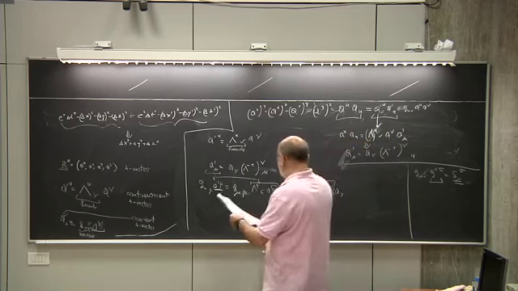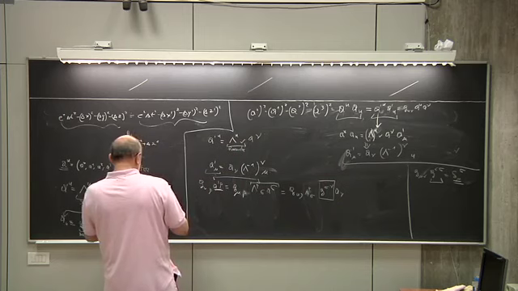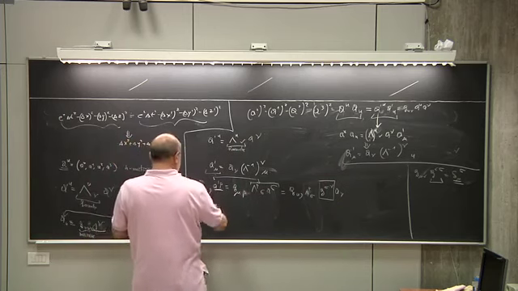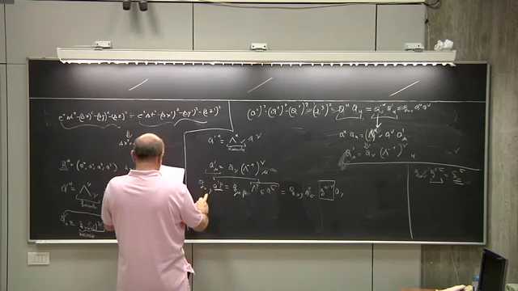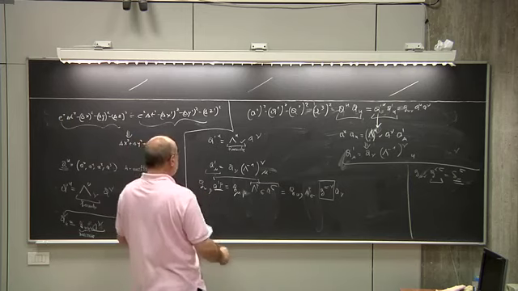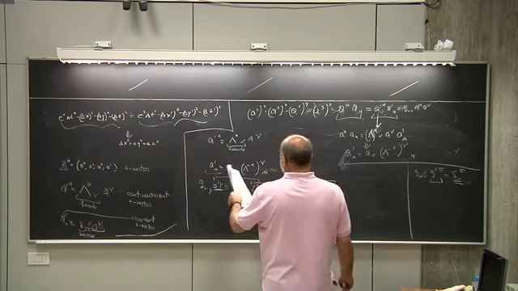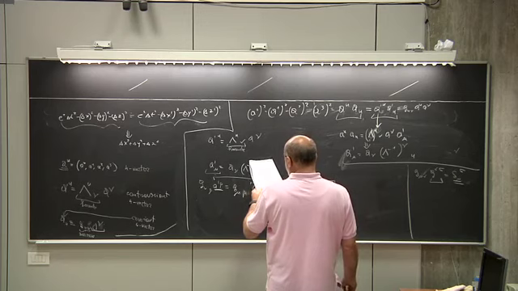Okay, but now let's look at this relation. If we look at this relation, we see immediately that this relation implies the following. Just a moment. Let's see how we can do. Now, this is the transformation. Okay, we have derived this.